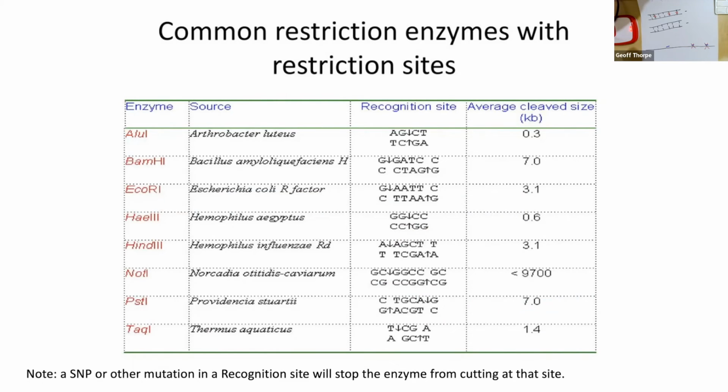They might say, I want to cut the DNA somewhere at this point, and then they can analyze that DNA and find that there's a sequence for this enzyme in the area I want to cut, so I'm going to use that enzyme.